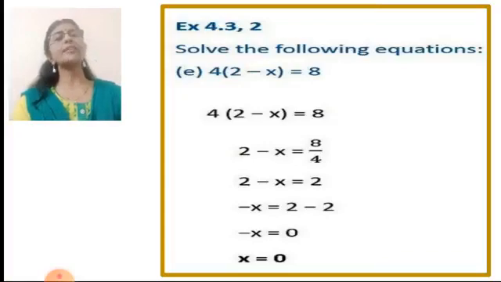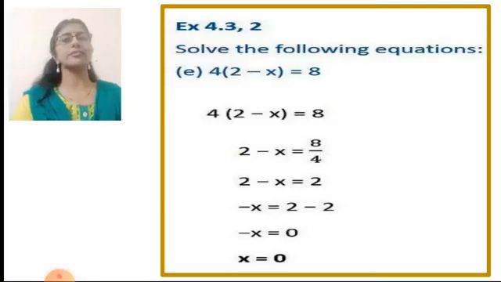And already 1 2 is there in RHS. So the next step will be minus x is equal to 2 minus 2, which is 0. Therefore minus x is equal to 0. We can write this as x equal to 0 also.